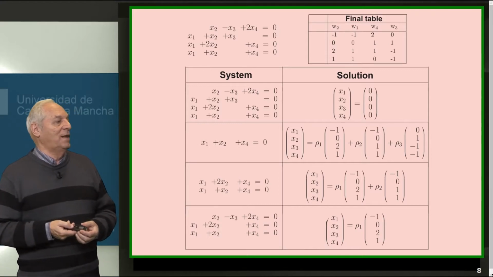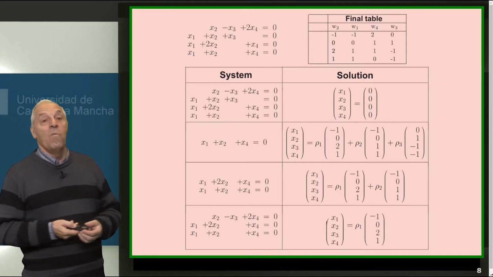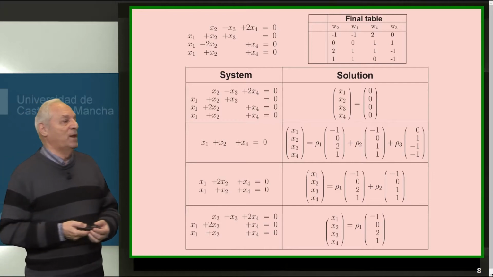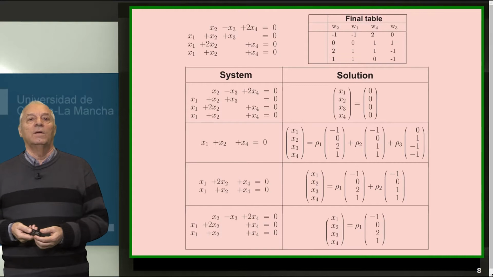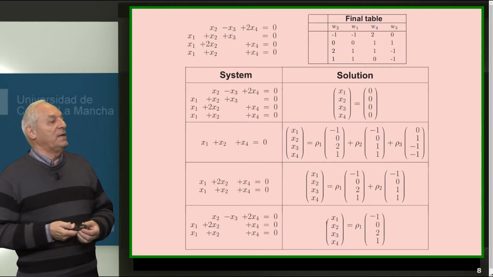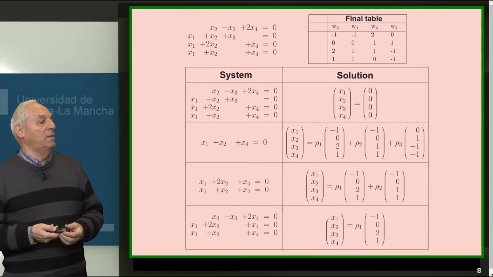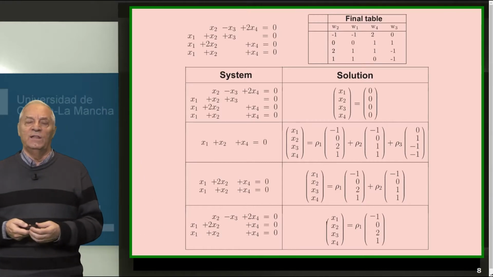Therefore, the solution of the equation x1 plus x2 plus x4 equal to 0 is a subspace of dimension 3, since three vectors appear, which by the way are a basis, because in the algorithm that we use, we always get bases, and they are those that you have there, the vectors -1 0 2 1, -1 0 1 1, and 0 1 1 1.